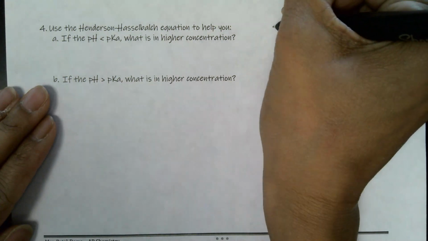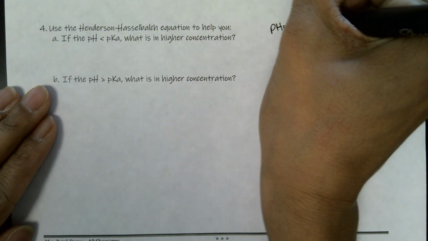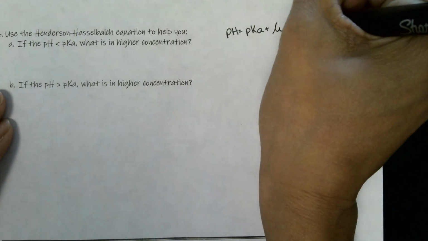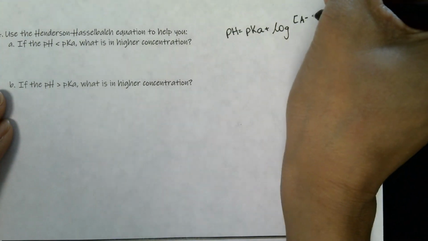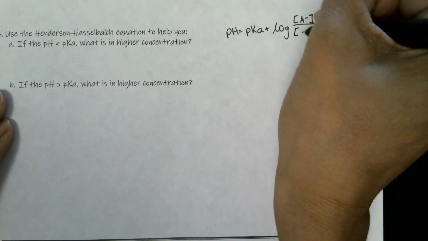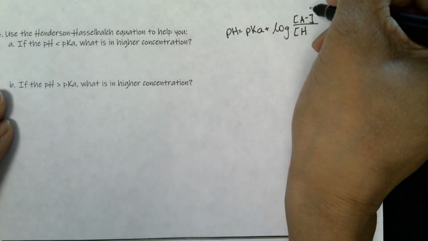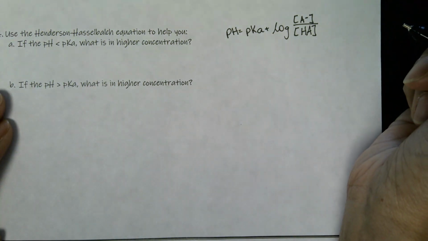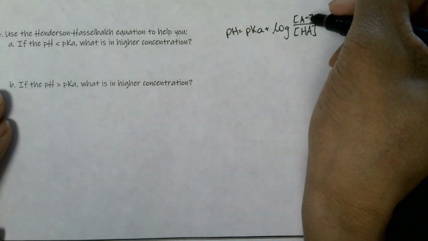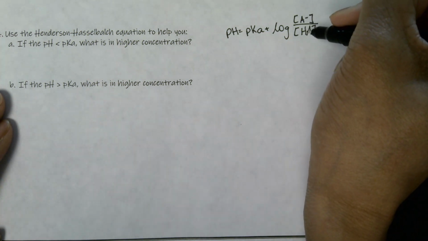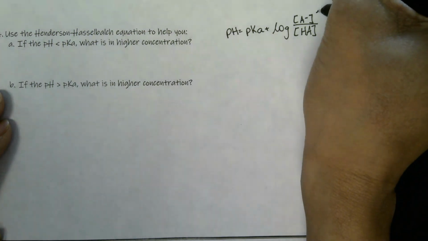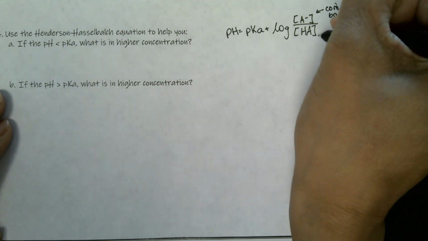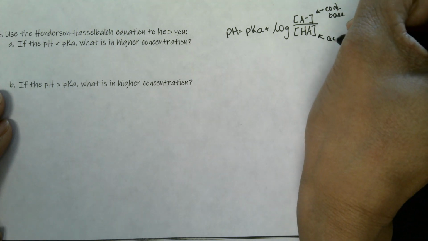To remind you guys, Henderson-Hasselbalch: the pH is equal to the pKa plus the log of the concentration of the conjugate base over the concentration of the acid. Phew. So let's just make sure I have this in here. This is the conjugate base. That is the acid.